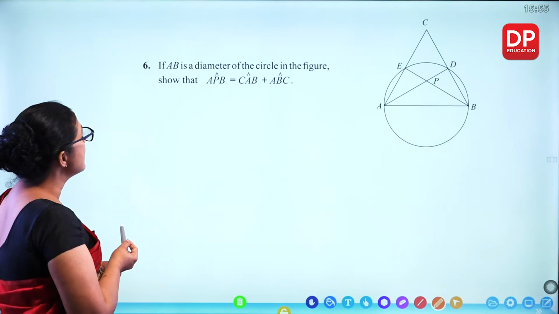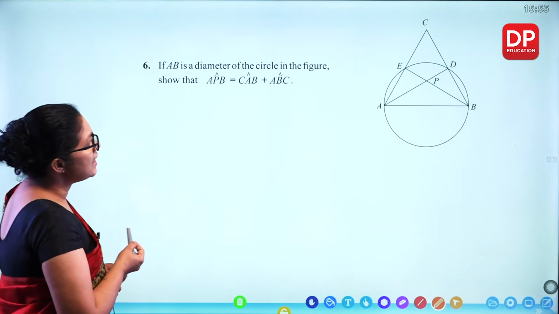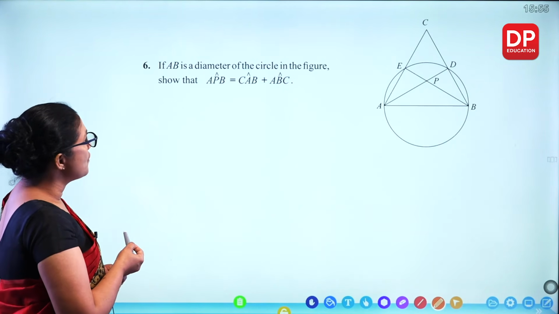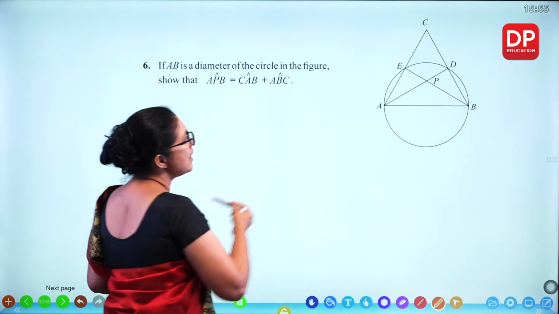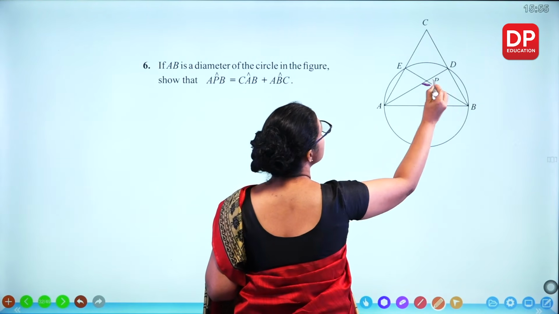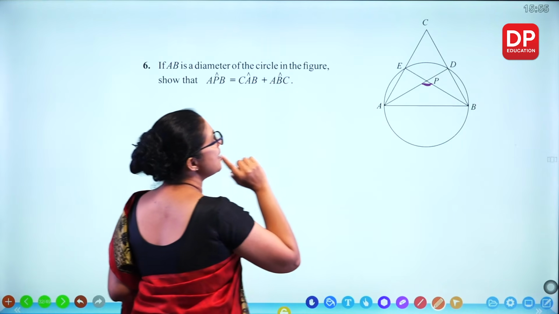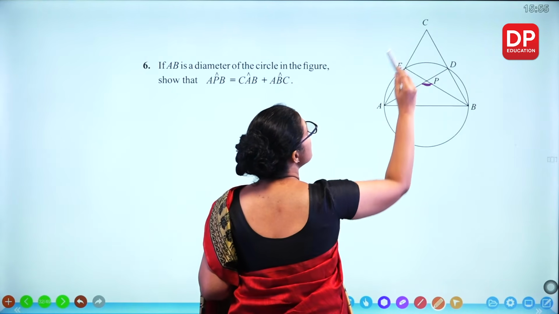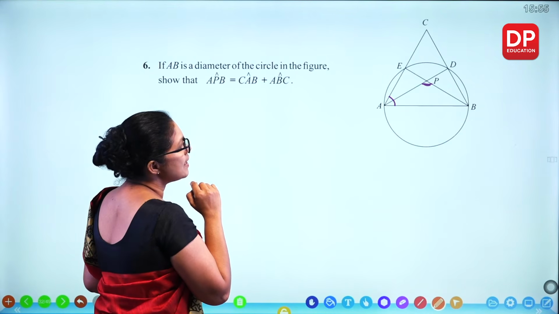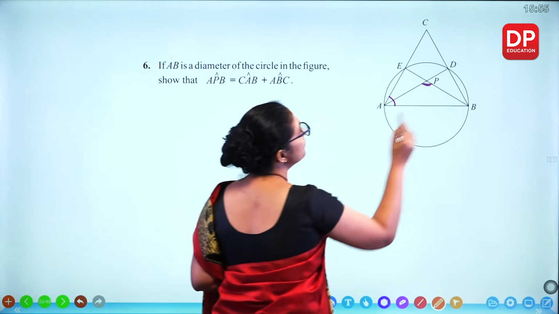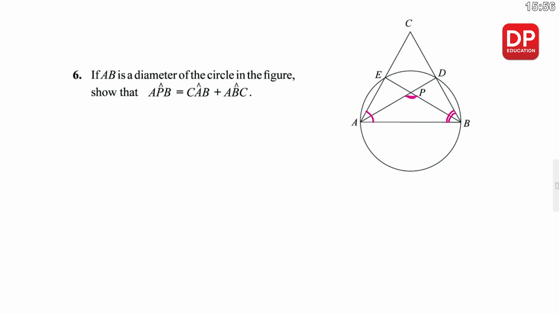Question number 6. If AB is a diameter of the circle in the figure, show that APB is this angle, CAB is this angle, ABC is this angle.